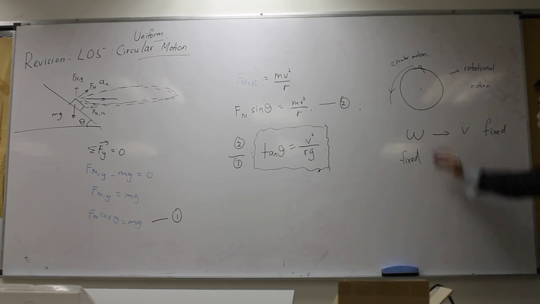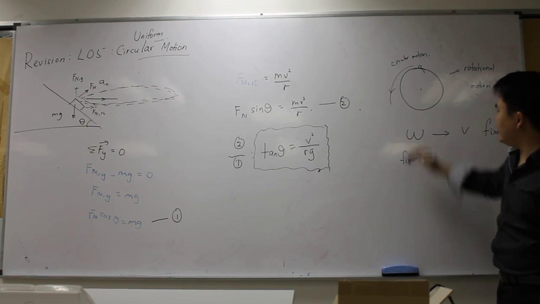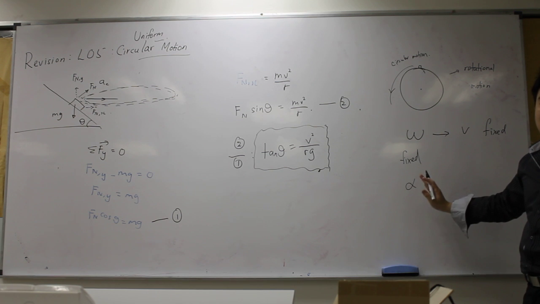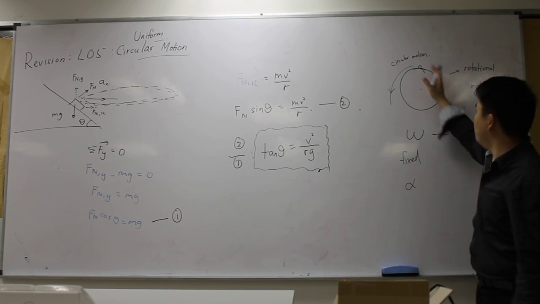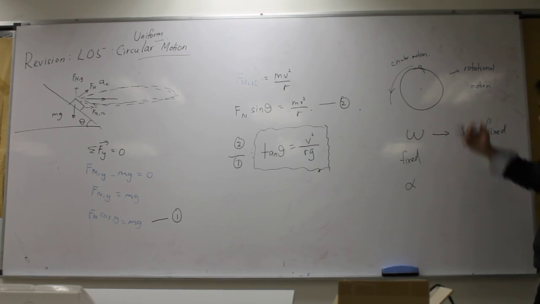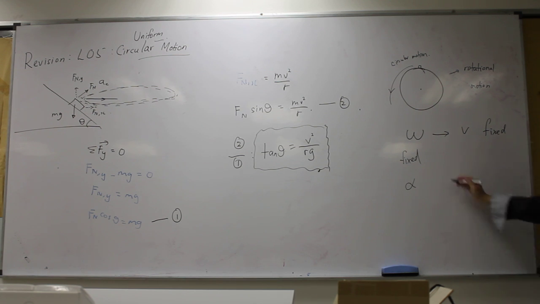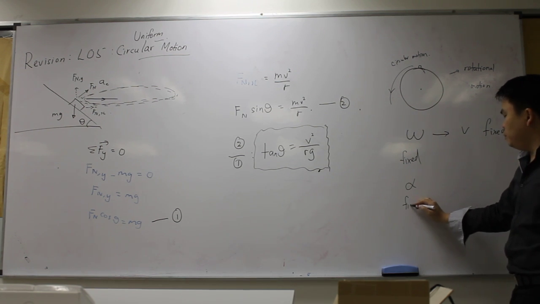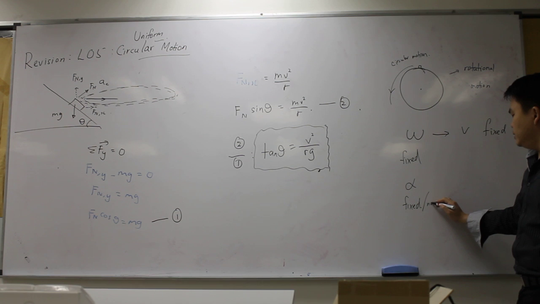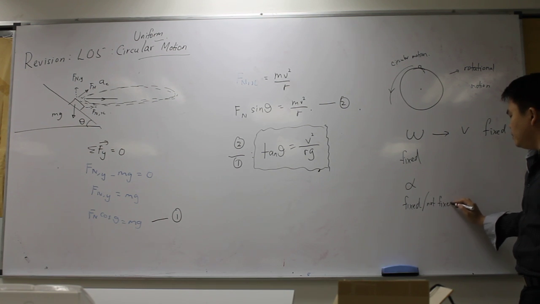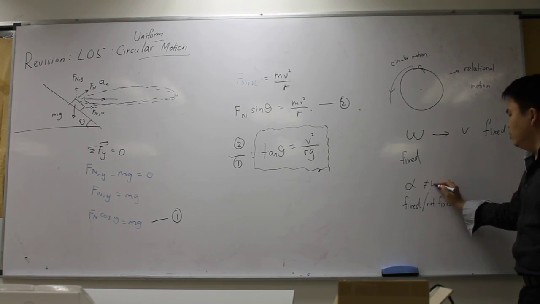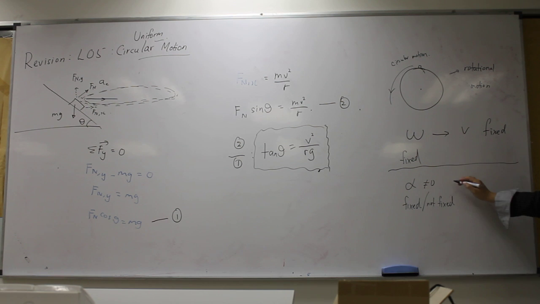On the other hand, if this one is rotating at a fixed alpha or even different alpha, keep changing, let's say the movement keeps changing, maybe a positive alpha, negative alpha, or changing here and there, but not equal to 0, then the v is also not fixed.